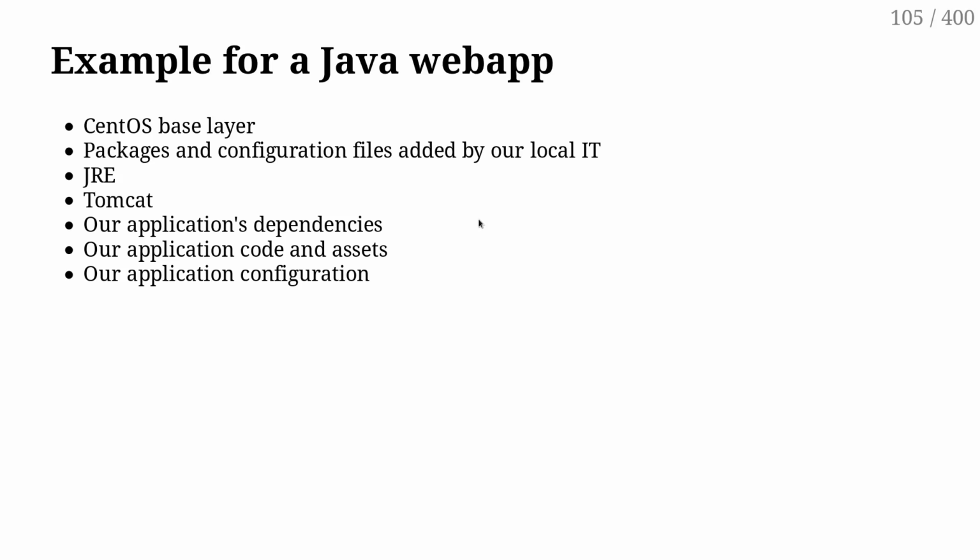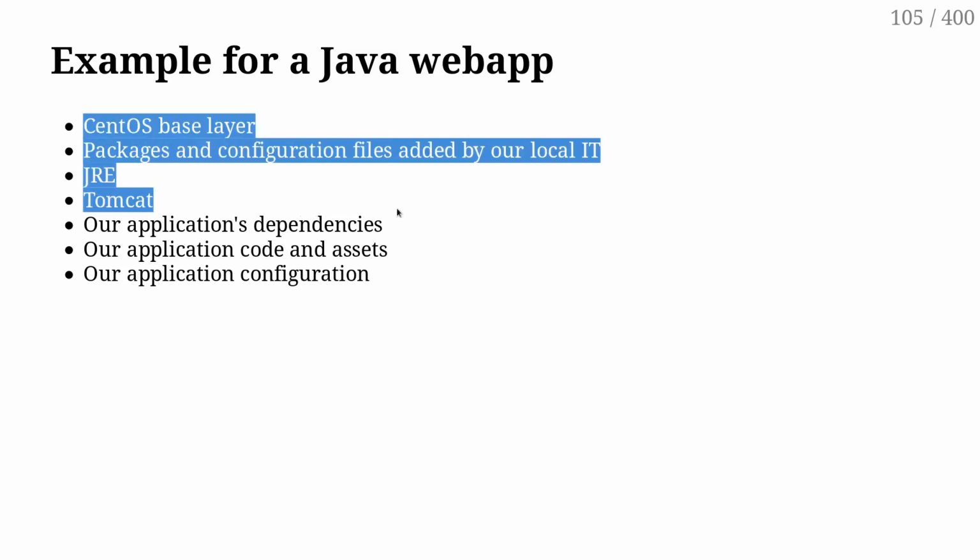The point of having these different layers is that layers can be shared and reused between different images and containers. So when I have a container running this image, if I want to run another container that just has a different version of the application but built on top of the same base, I can reuse all those things.